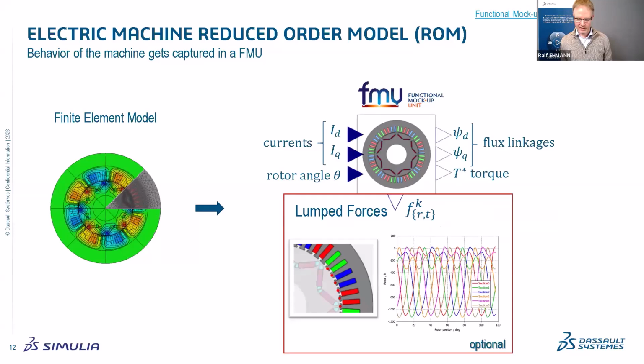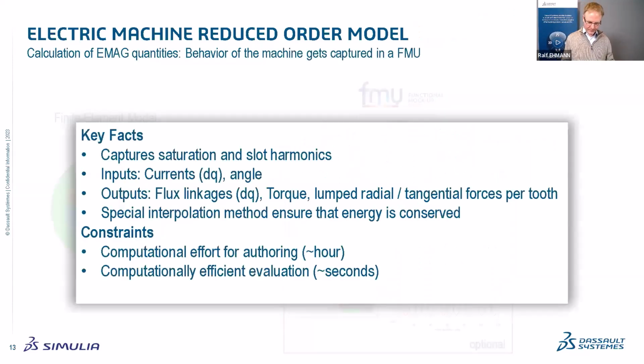The force which is created in the air gap acts on the tip of the tooth, and from there it excites the structure and will potentially emit noise, or at least starts to vibrate. And this we want to investigate. This is optional, and I will show you in a moment how it all looks in the CST interface. I want to show you that it's really simple to create such an FMU.